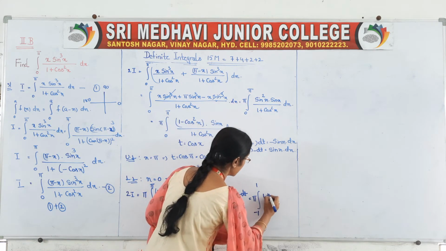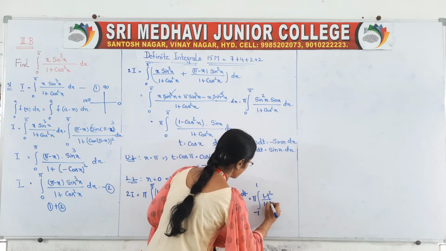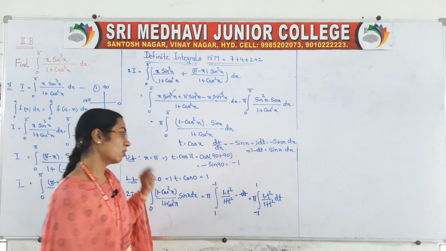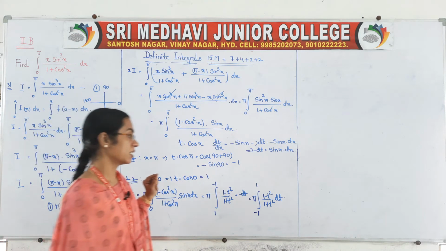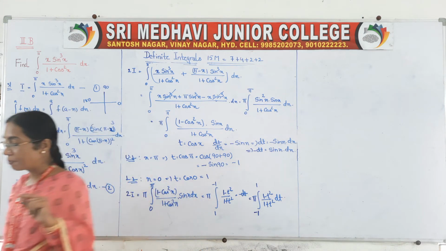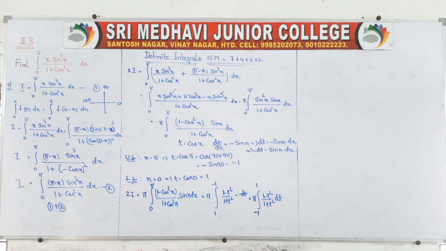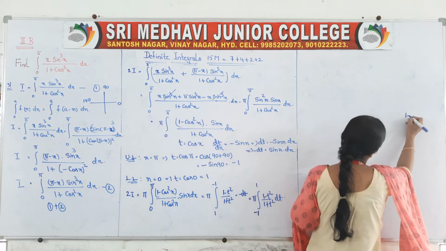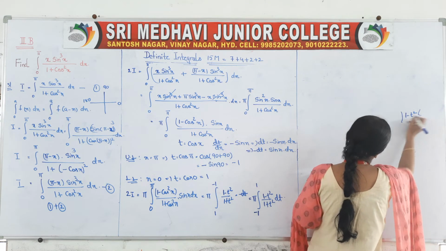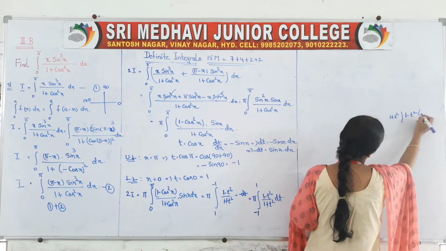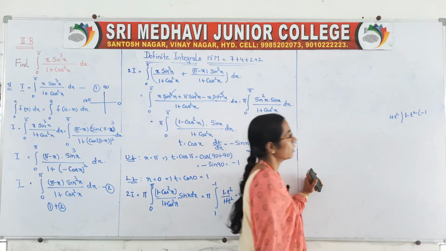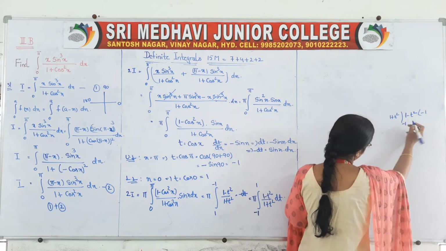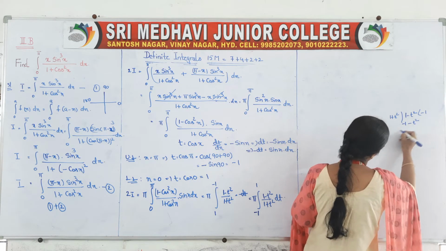1 minus t square by 1 plus t square dt. Now we have to divide 1 minus t square by 1 plus t square. How can we divide? You take minus 1, then minus 1 into 1 plus t square gives minus 1 minus t square.